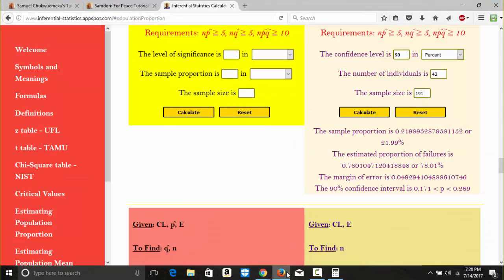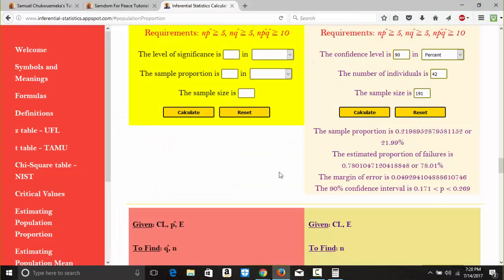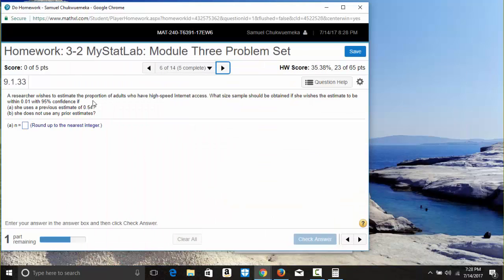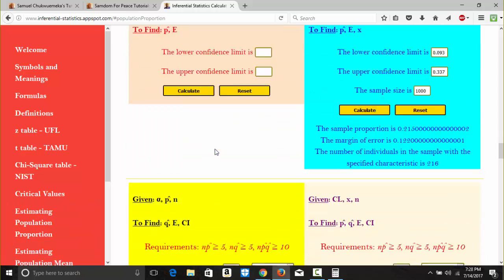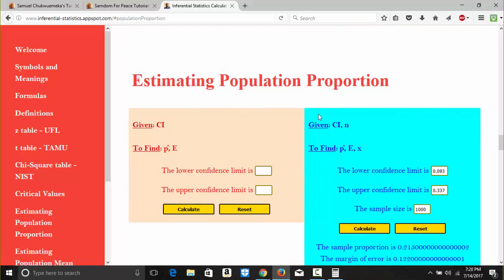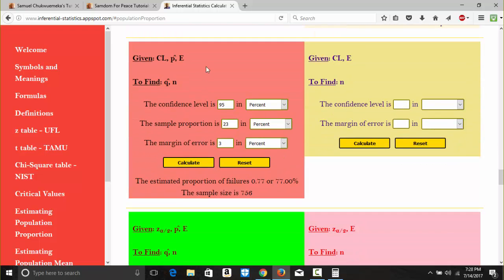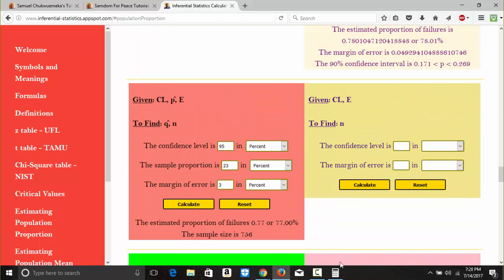I don't think StatCrunch does this. Now, it's the proportion of adults, so it's still proportion, and we're looking for n, the sample size. So we're estimating a population proportion, and we want to find n. Let's look at what they gave us.